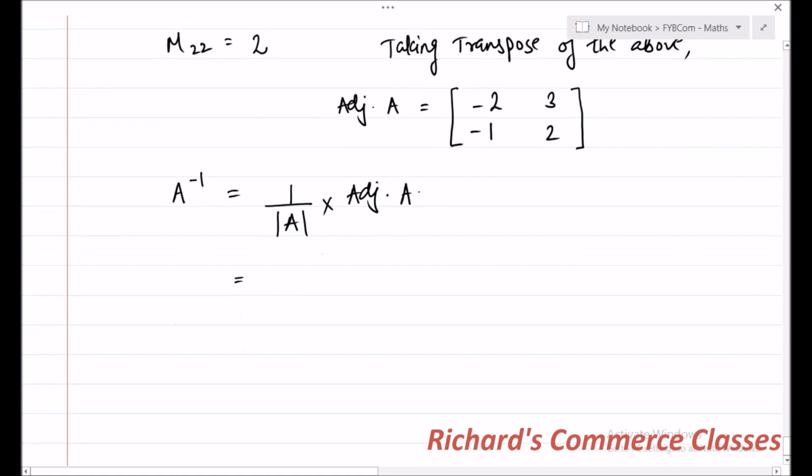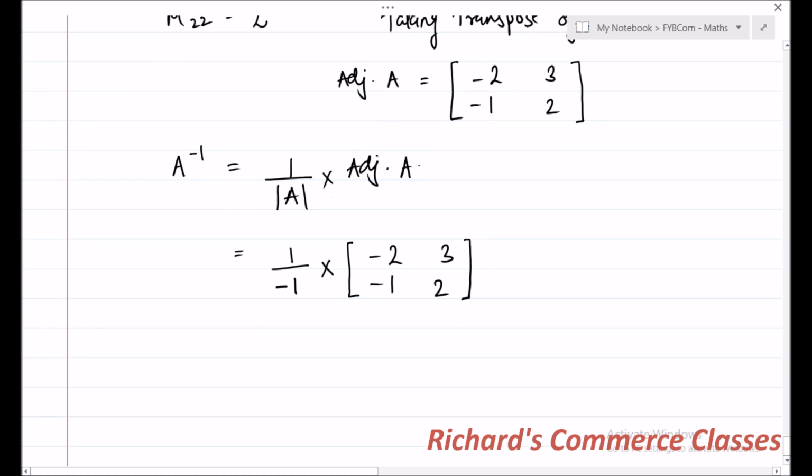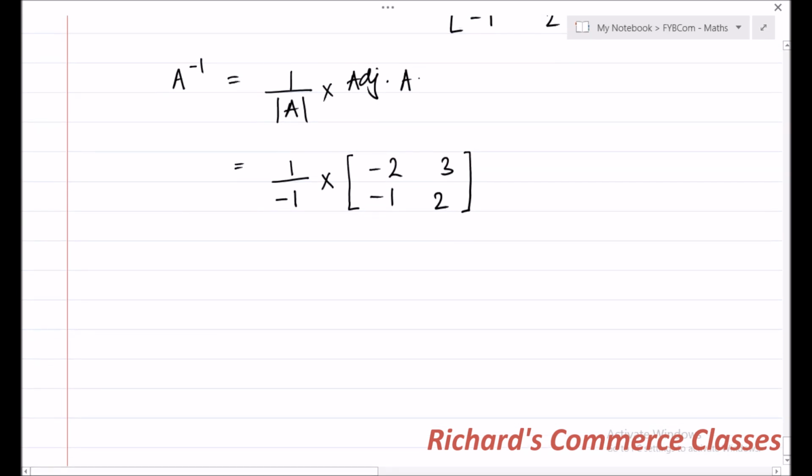So applying it in the formula, 1 divided by -1 into the adjoint of A, the whole matrix -2, 3, -1, and 2. That will be equal to 1 upon -1, which is -1, into the entire matrix -2, 3, -1, 2.